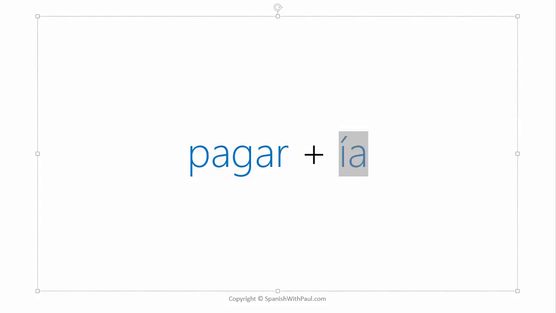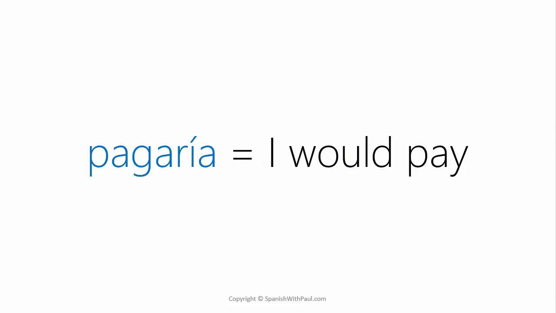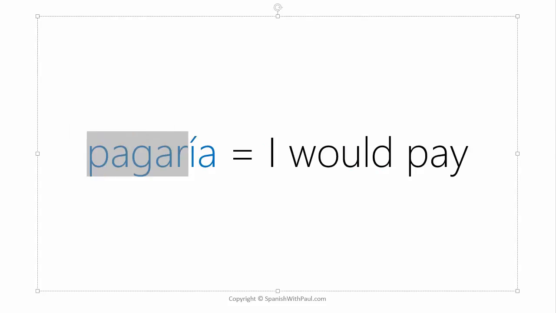So it's actually very easy to form this tense because you are keeping the full version of the verb, the infinitive. So that would become pagaría. Here we have pagar, and to that full verb we add this ia, and you get would. But the key sound here is ria. Even though we're only adding ia, the key sound, which is more important actually, is this ria.